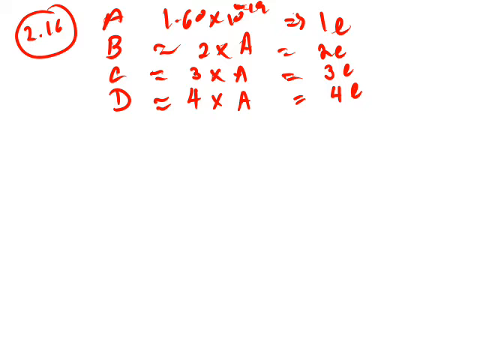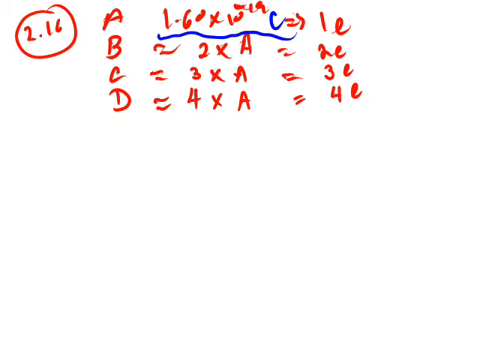So that tells us the charge of an electron is 1.60 times 10 to the negative 19 coulomb. The unit is coulomb.